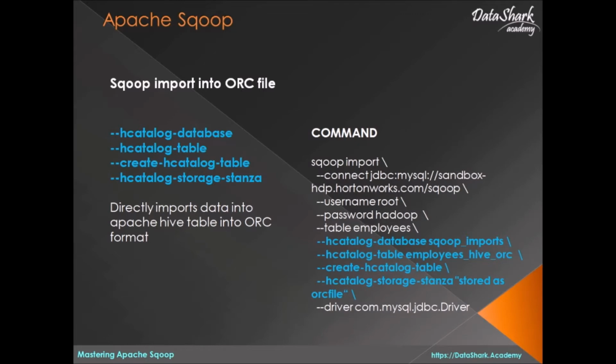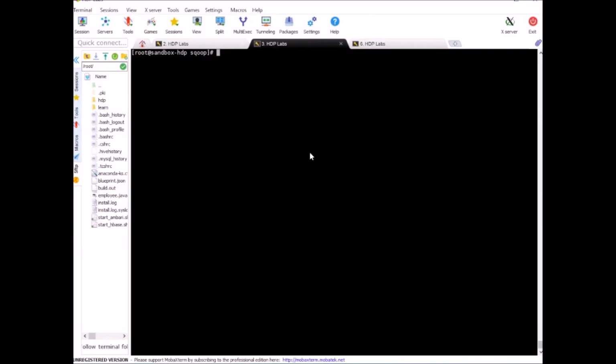So let's open the Sqoop session, okay, and we can run the Sqoop command. All right, and our source table will be employees, HCatalog database, this will be Sqoop imports, HCatalog table will be employees, Hive, we say it's ORC.